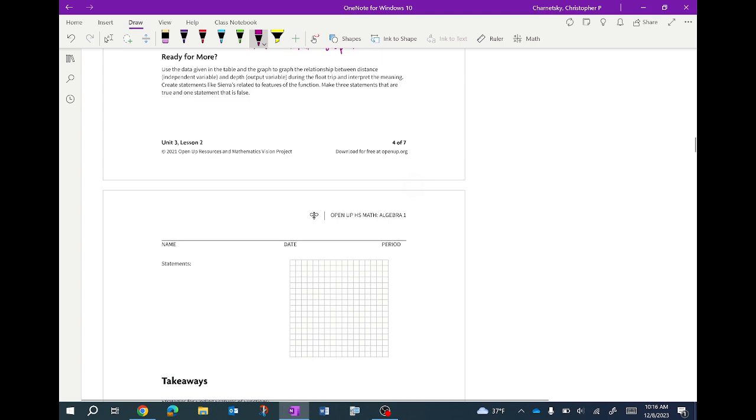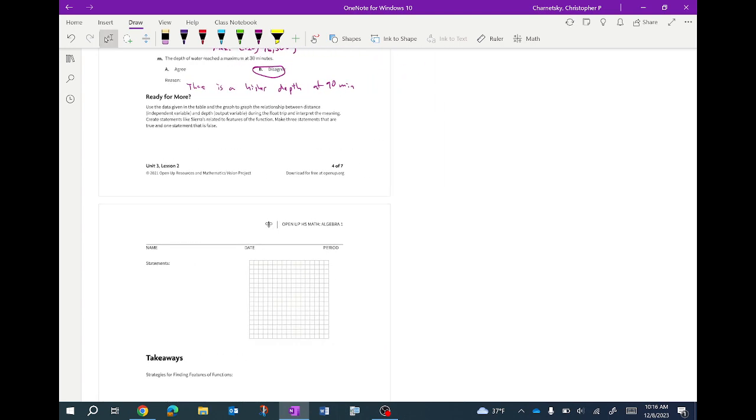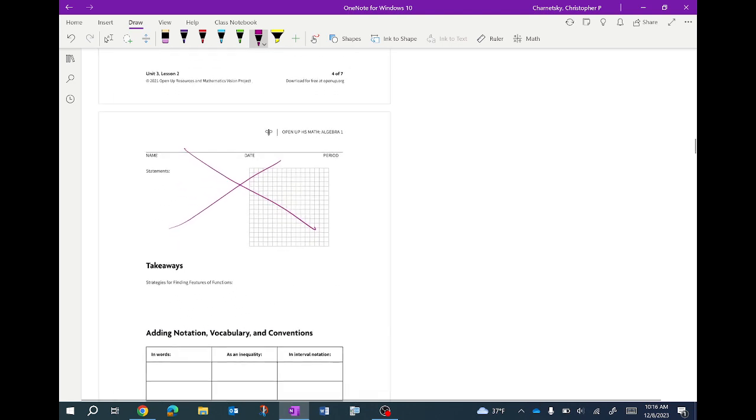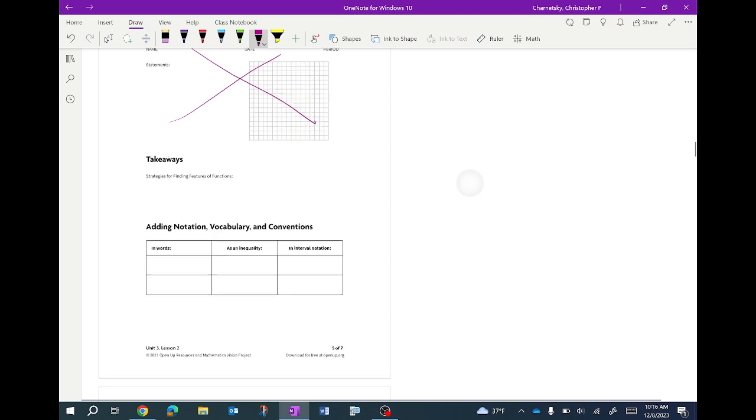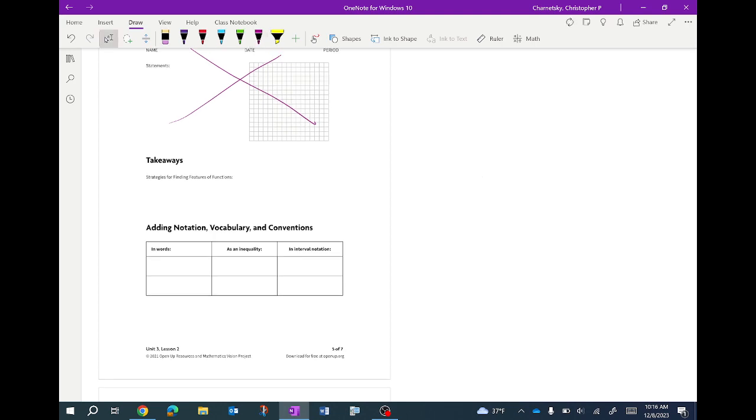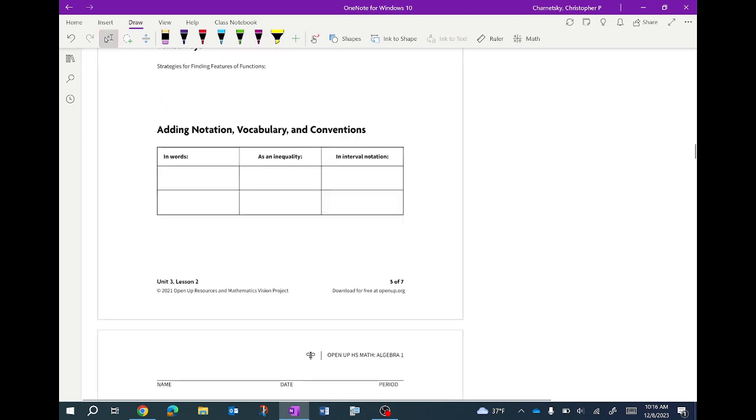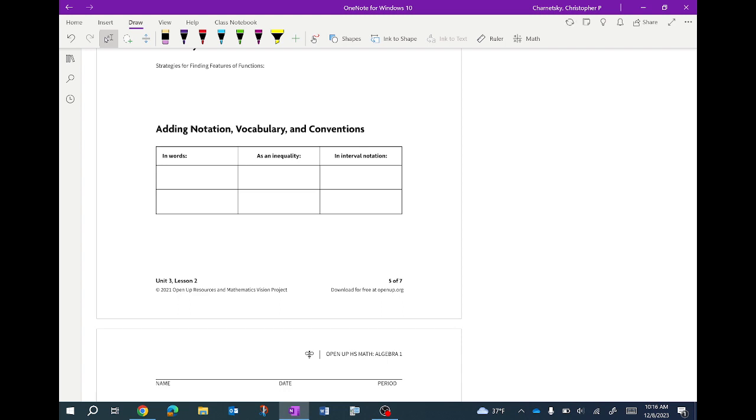Okay. We are going to skip this graph here and go straight away to our takeaways. So, a little bit about notation. We have been using interval notation to mark increasing intervals, or domain and range.